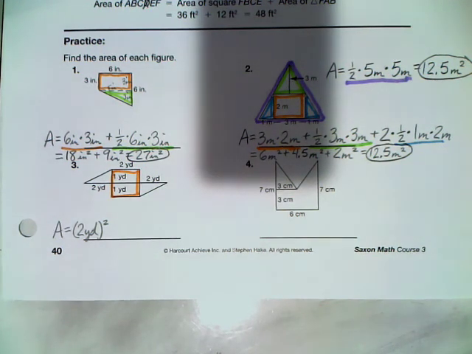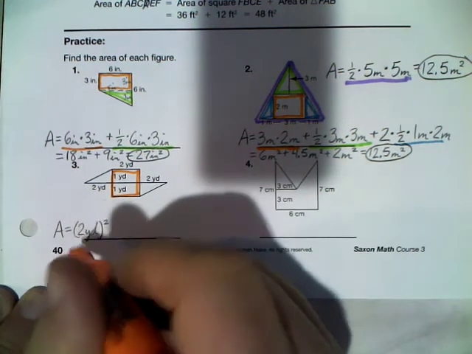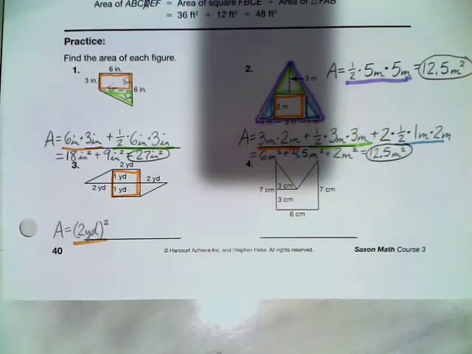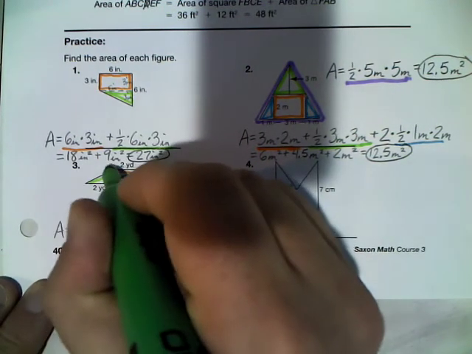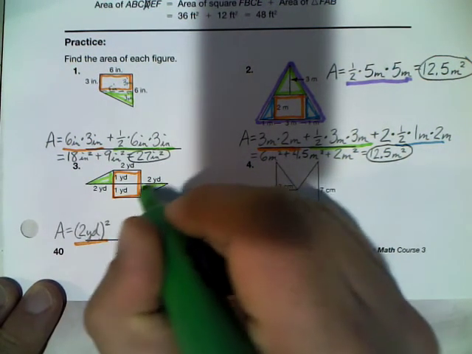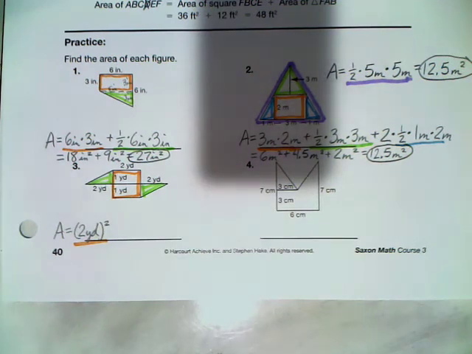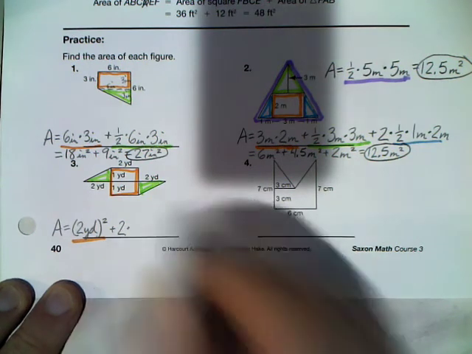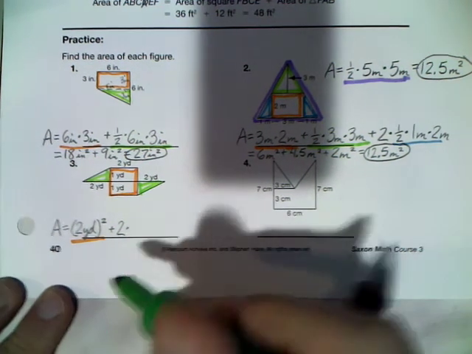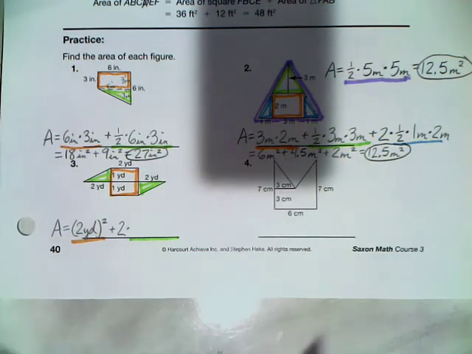So that right there is the orange portion. Now, remember we talked about at the beginning the fact that these 2 triangles are identical. So just as we did in the last example, I'm going to write down that we have 2 of them, and then I'm going to use the formula.